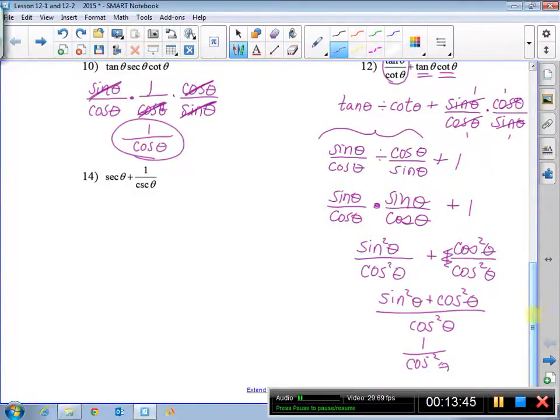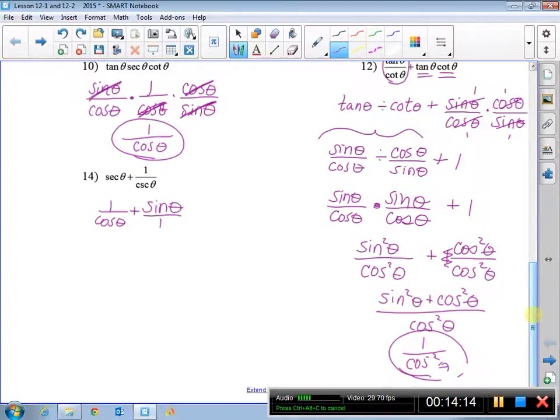Whoop. Running out of room down there. There's a couple different ways to do this problem, but if we stick with the sine and the cosine, this is how it's going to come out. All right, and we have one more here, number 14 from the book. Secant, we know, is 1 over cosine. Try and be a step ahead. Oh, here's an interesting one. 1 over cosecant is sine theta.